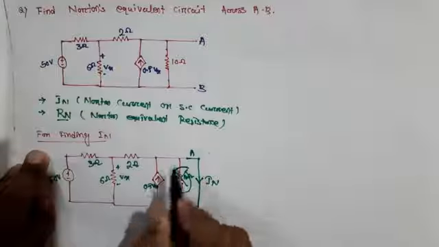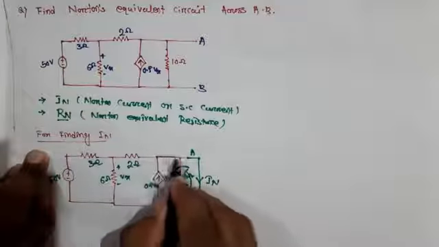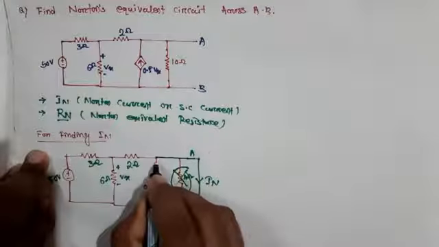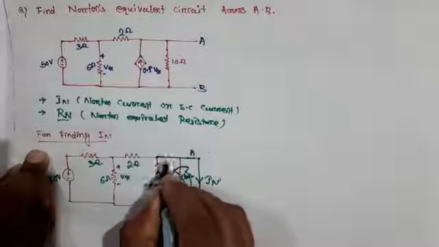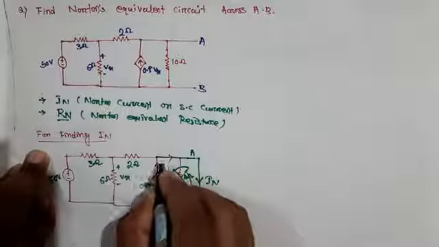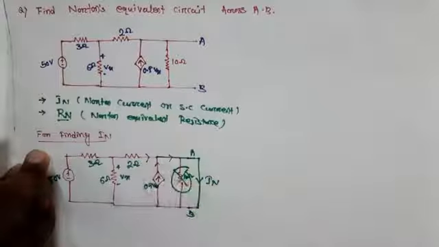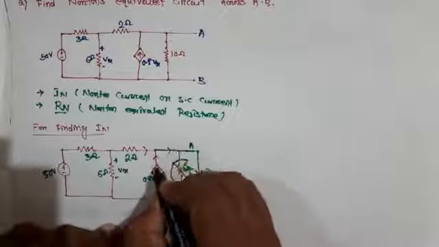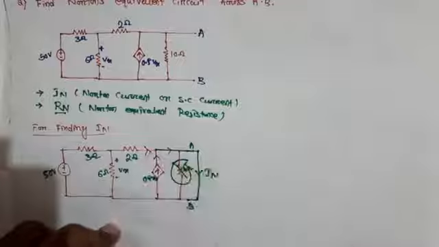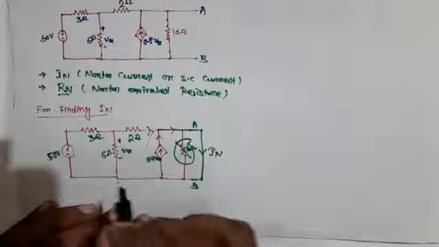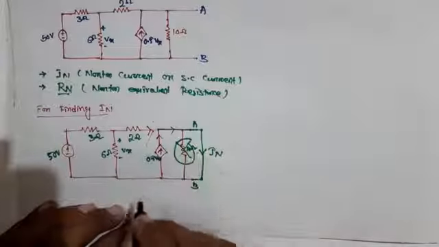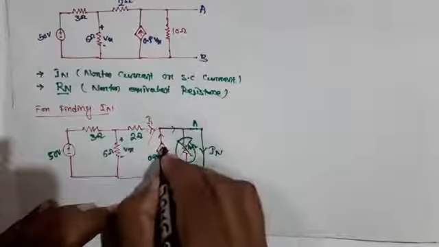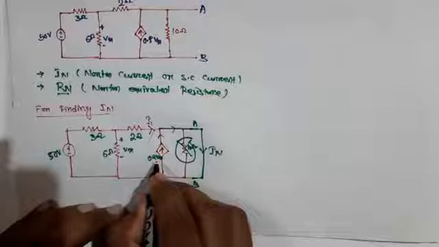We know that this current is equal to this much current plus this much current. Let this current be I1, and let this be 0.5 Vx.